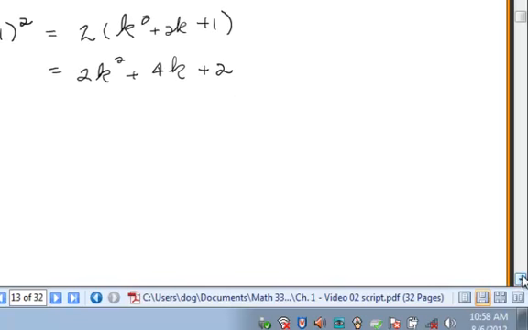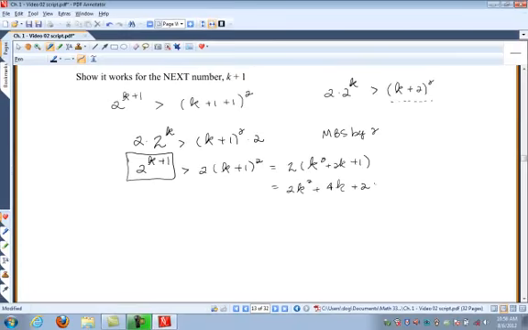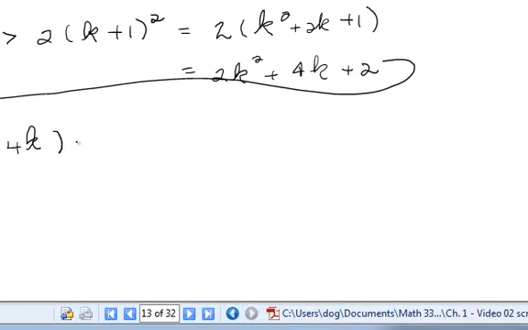Okay, we're working kind of carefully here. All right. Now I'm going to separate these k's. I'm going to reassociate. I'm going to take one of the k's and say k squared plus 4k, and then I'm going to stick in the other k over here, k squared plus 2.